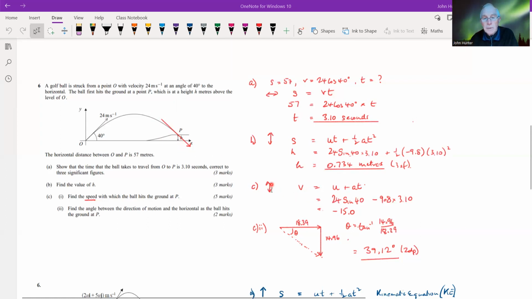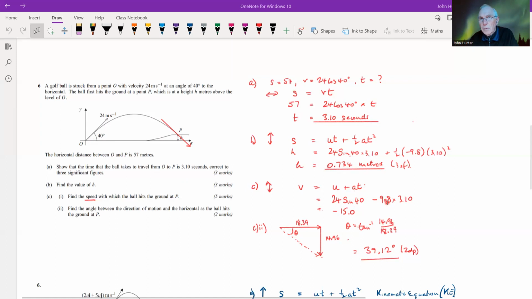So if we're looking at the up-down direction, v equals u plus at. This is resolving our vertical velocity, the vertical part coming down here. We know the initial, this is 24 sine 40, as we had before, so this velocity resolved upwards, plus a.